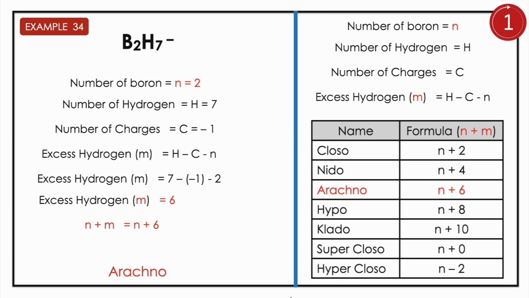Hydrogens are 7, so H equals 7. Charge is minus 1, so C is minus 1. So the excess of hydrogen will be 7 minus minus 1 minus 2, which gives 6. So M is 6, meaning it is an N plus 6 system. By looking at the table, N plus 6 means it has Arachno structure. So according to Wade's rule, B2H7 minus has the Arachno structure.